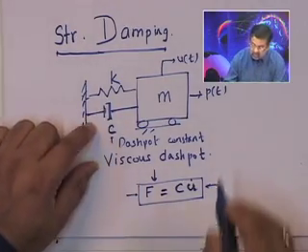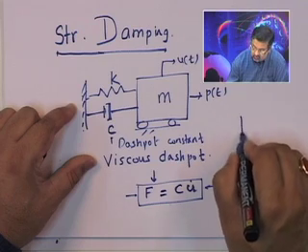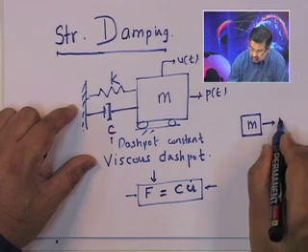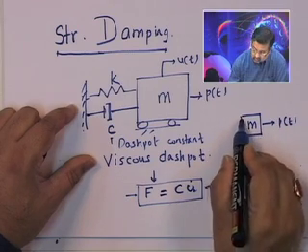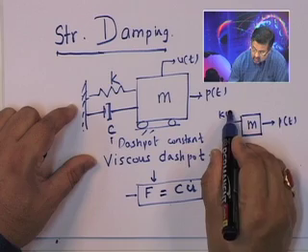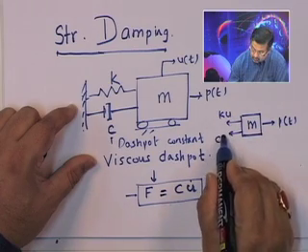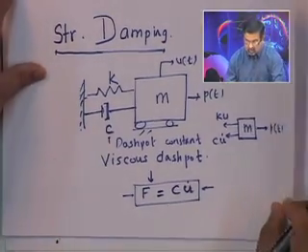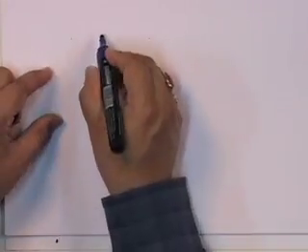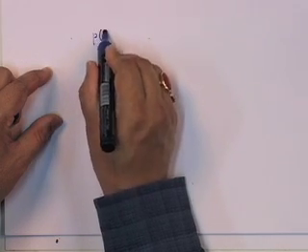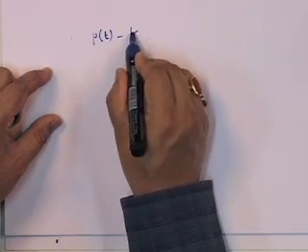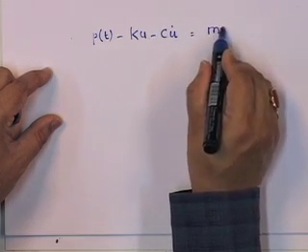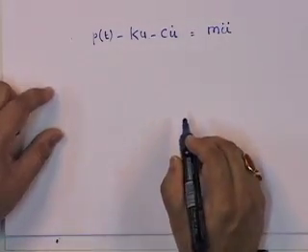And if I take the free body of the rigid mass, then what we get is P of t, k u, C u dot, and therefore, again using D'Alembert's principle, what we get is the net force, which is P of t minus k u minus C u dot, is equal to mass into acceleration.